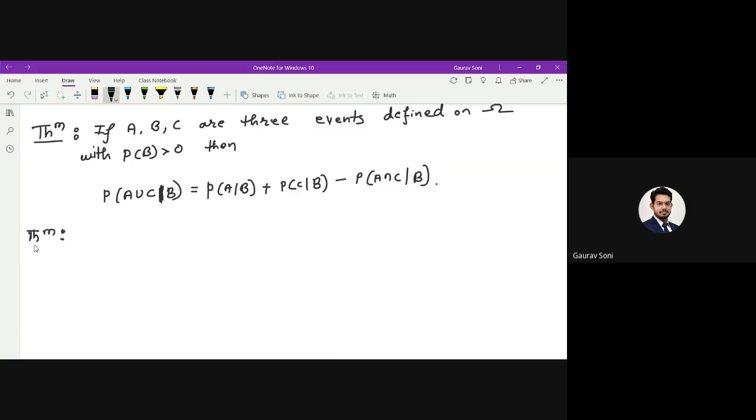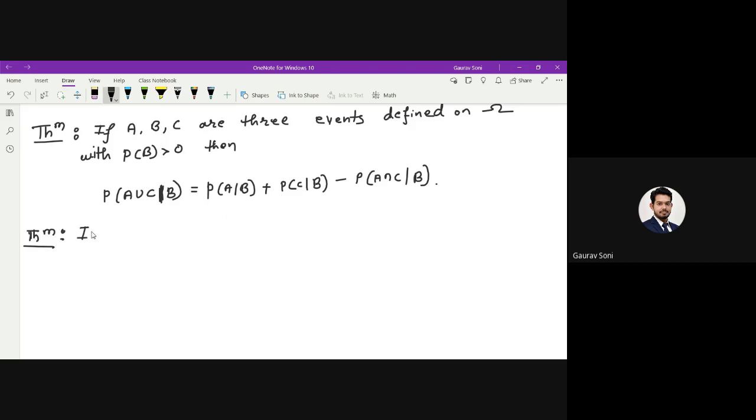Can I say that it is similar to finding out probability of A union C? If you write down the formula, probability of A union C is probability of A plus probability of C minus probability of A intersection C. So the condition part remains with each of them. That's it.